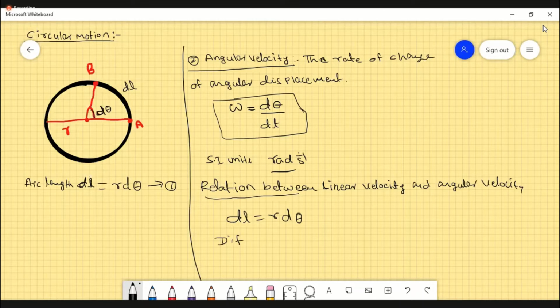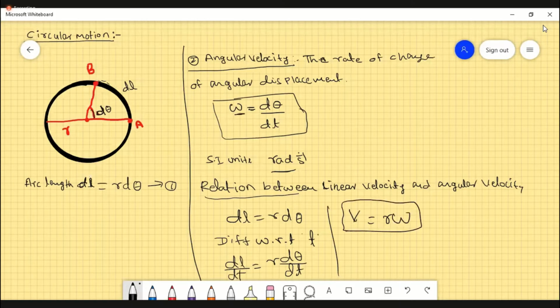Differentiate with respect to t: dl by dt equals r into d theta by dt. dl is linear displacement, so linear displacement by time is nothing but linear velocity, and d theta by dt is angular velocity. So v equals r omega.